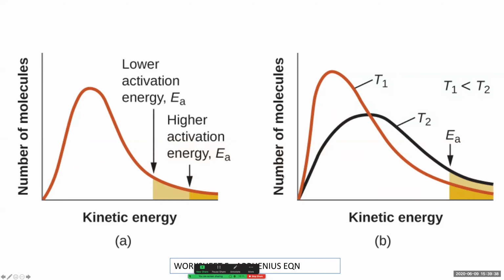And what you see is as you increase the temperature, the kinetic energy of the molecules goes up, and so there are more molecules that have enough energy to go over the activation energy barrier. In this case, T1, which is the red line, is less than T2. So T2 shows a higher temperature, with more molecules. That's what the y-axis is, how many molecules there are.